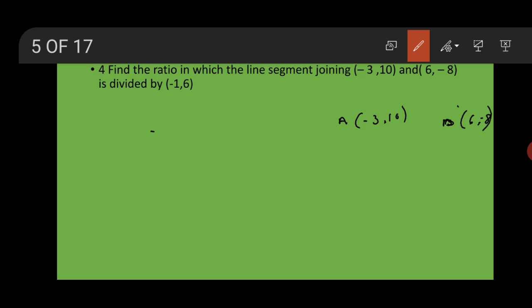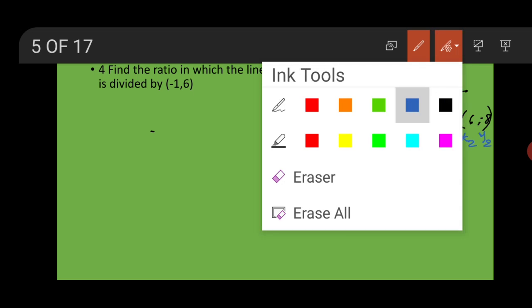Here point A is given (-3, 10), point B is (6, -8), and the ratio is asked, and the line segment is divided by a point P. It is given (-1, 6). So what is M1 and what is M2? We have to calculate M1 is to M2.